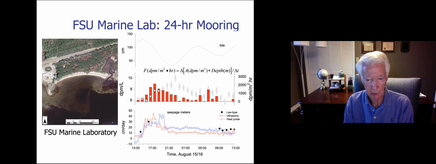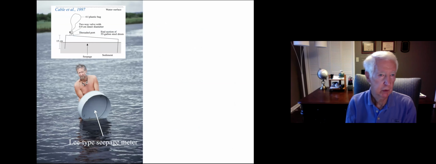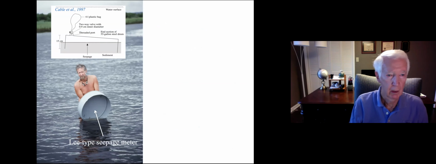So going back to seepage meters for a moment, this is what a Lee-type seepage meter looks like. It's basically a cutoff section of a 55-gallon drum. And this is from one of Jay's papers showing how you use it in a manual sense. You put a plastic bag on the vent.